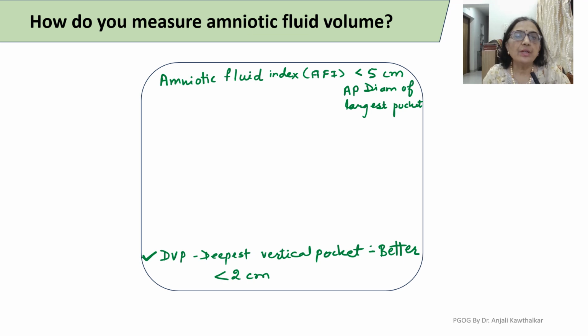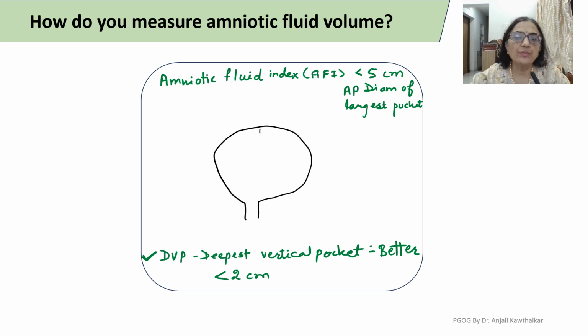Now, how do you measure amniotic fluid volume? There are two ways: amniotic fluid index, or deepest vertical pocket.